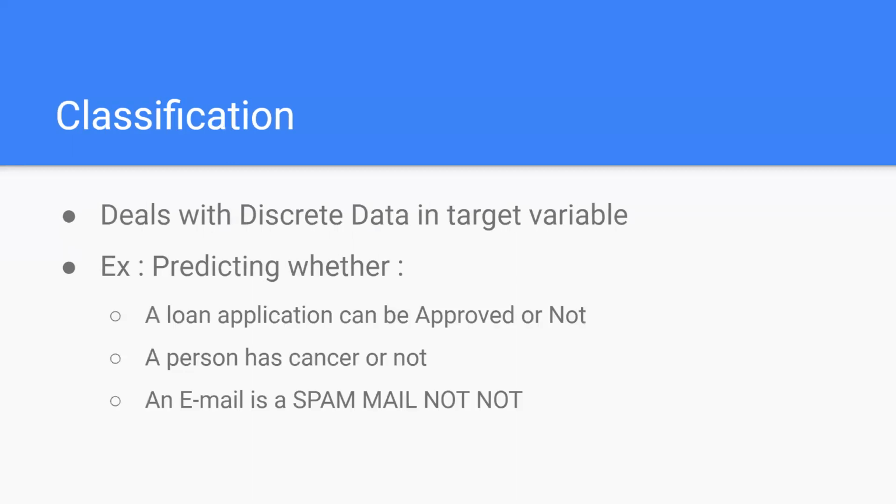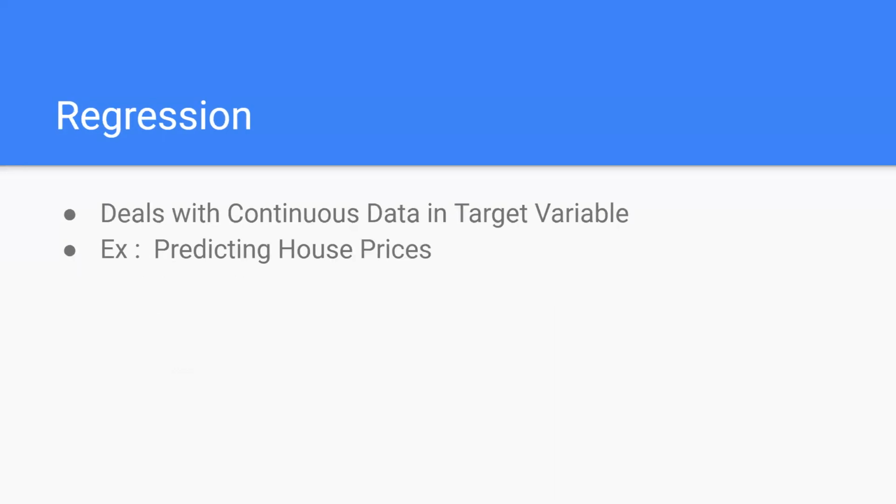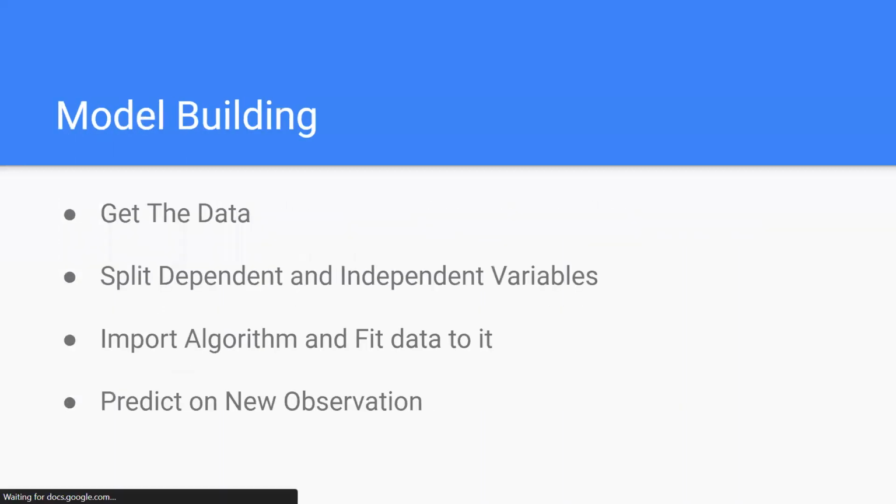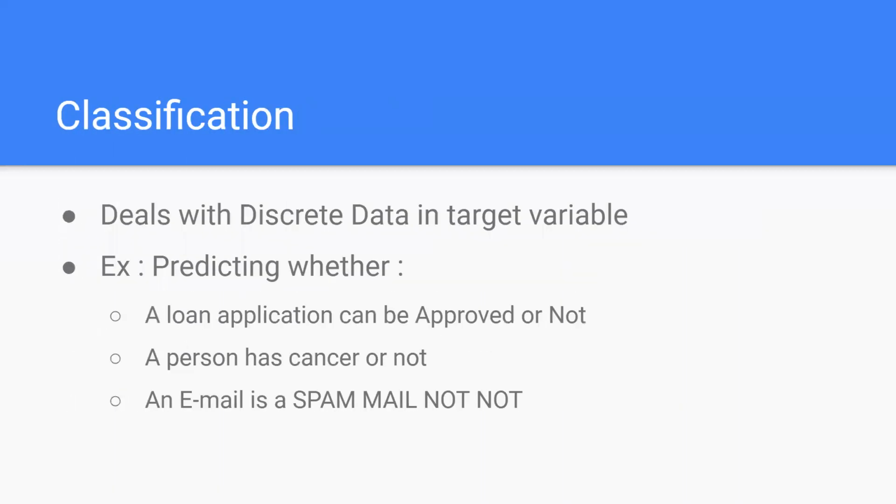But coming to classification problems, your target variable must have discrete data. We have seen what discrete data is, right? So your target variable must have discrete data instead of continuous data for classification problems.